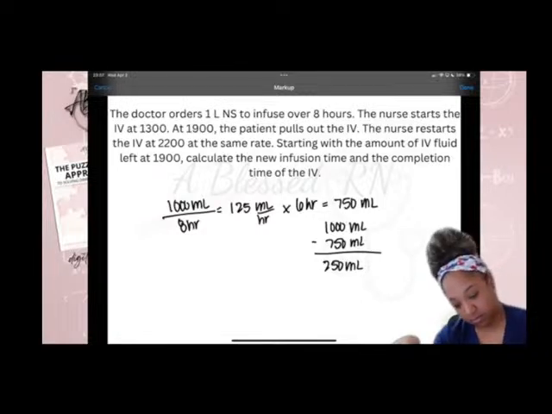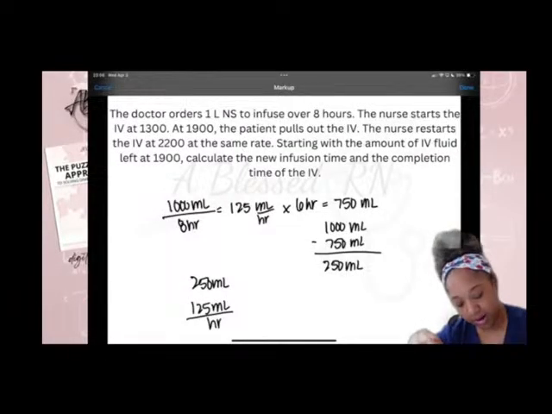At 125 milliliters per hour, how much time is that?